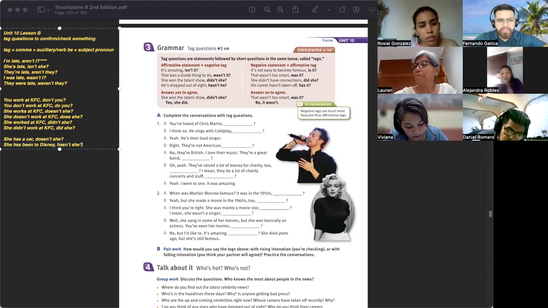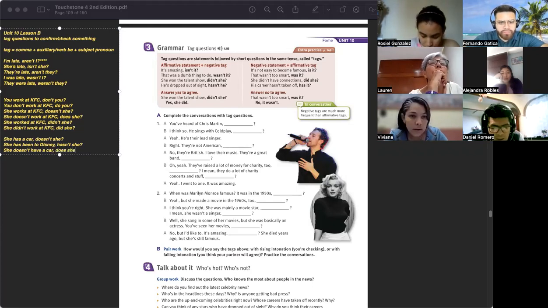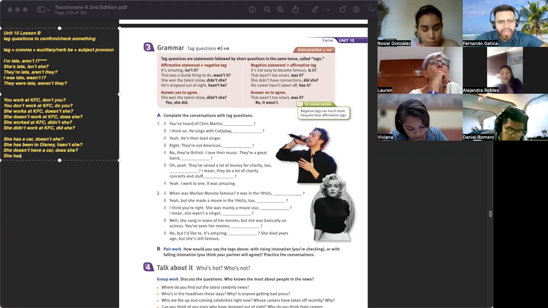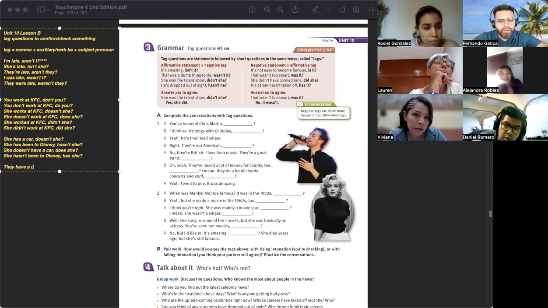Let me give you some examples in the negative form. She doesn't have a car, does she? She hasn't been to Disney, has she? The same thing with have. Be very careful. They have a car, don't they?